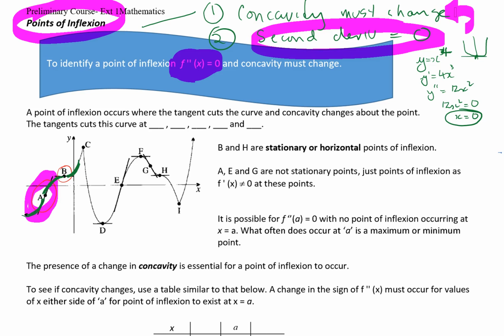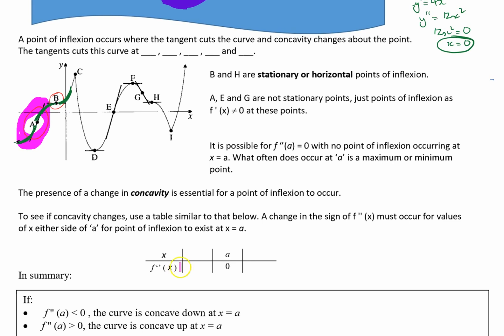The way you will do that is to set up a little table of values. So you've established where the second derivative is equal to 0, and just like we did for gradient, we will choose something just to the left-hand side, a bit less than a, and an x value just bigger than a, and we will look to see the signs of the second derivative when we substitute that value in.